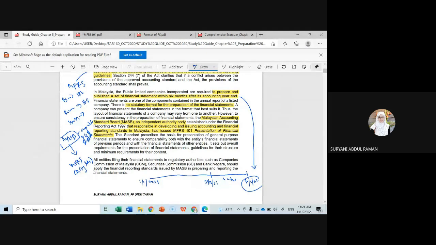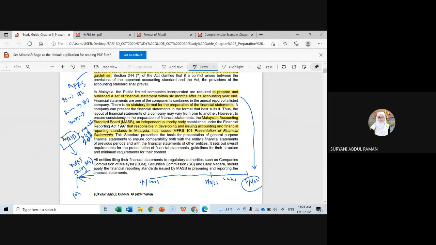So there are many, kata apa, volume lah, and one of them is 101. So 101 is to cater for the presentation of financial statement. Why do the MASB need to issue this standard? Because there is no statutory format for the company to follow.